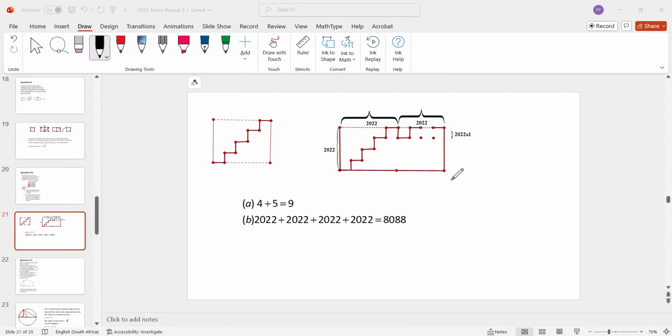When you count this thing, you've got 2022 things. Say I had an even number.